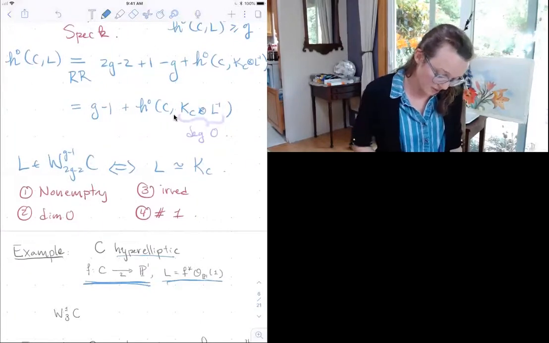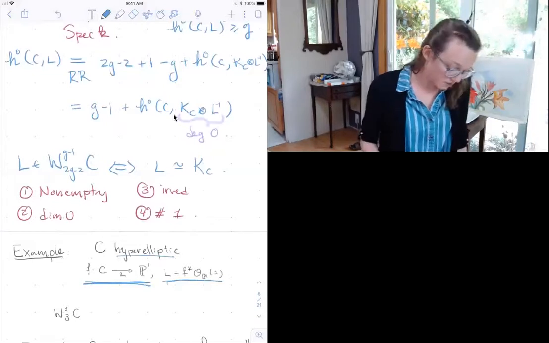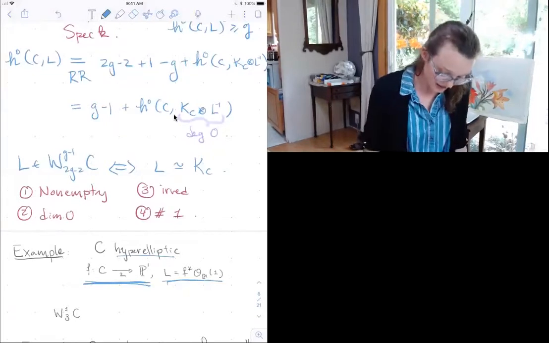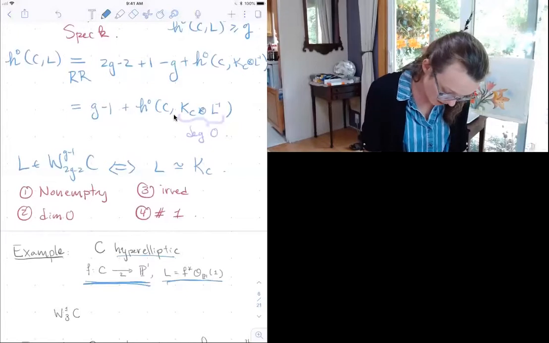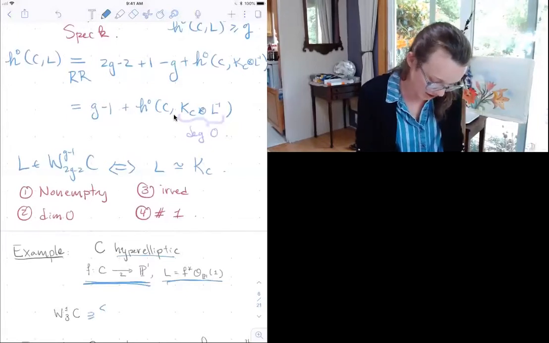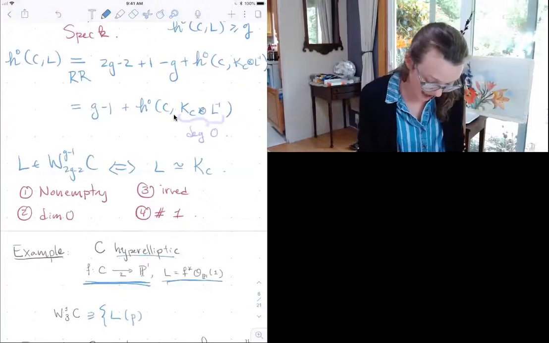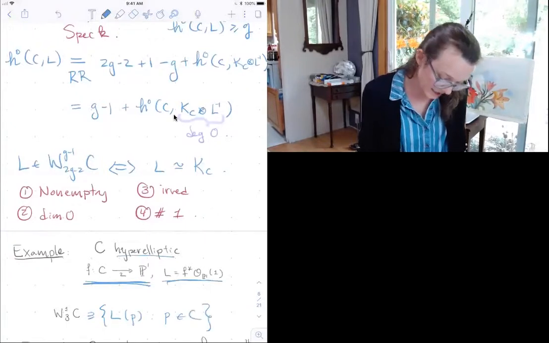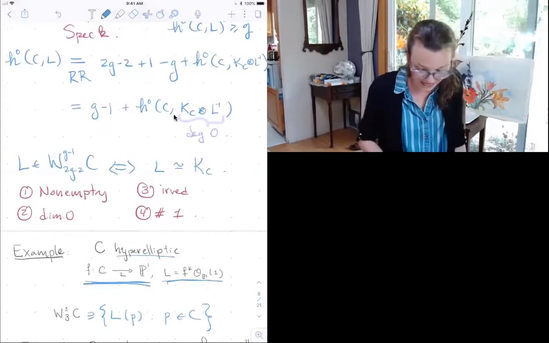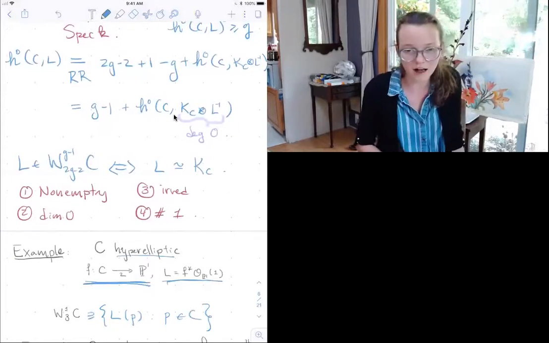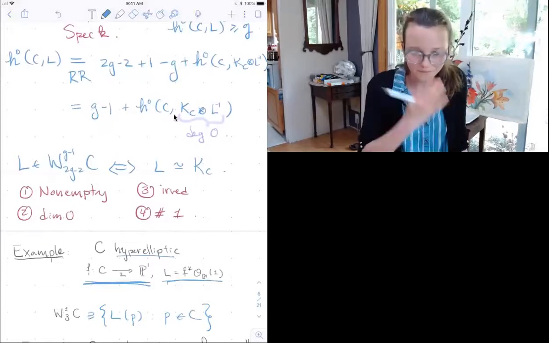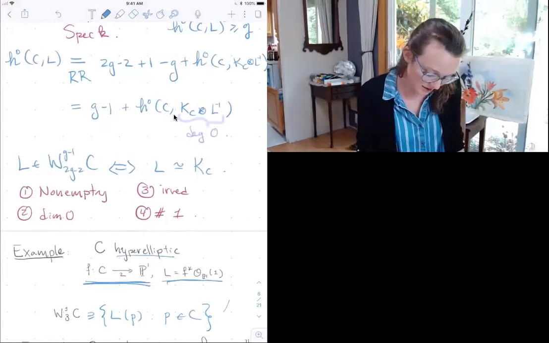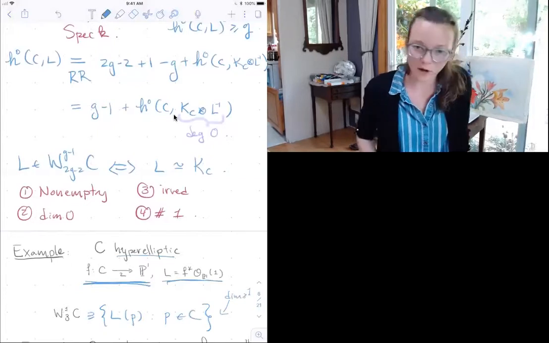Then for W^1_3, I need line bundles of degree 1 larger than L with at least 2 global sections. Well, this certainly contains the locus of line bundles of the form L twisted up by any point on the curve, because its space of global sections contains the space of global sections of just L, but now the degree is 1 larger. So in particular, W^1_3 of the curve has dimension at least 1.